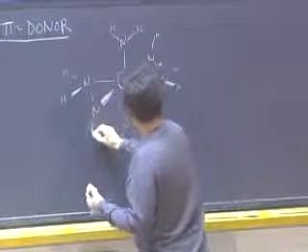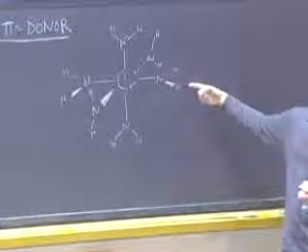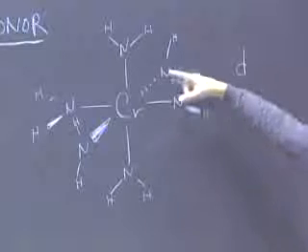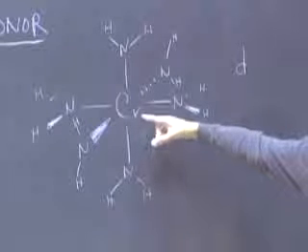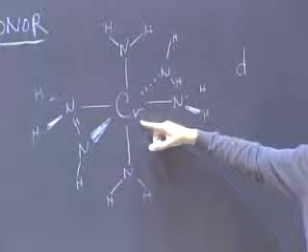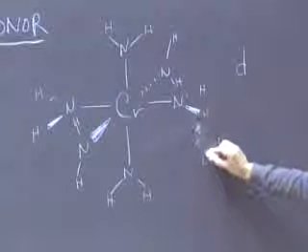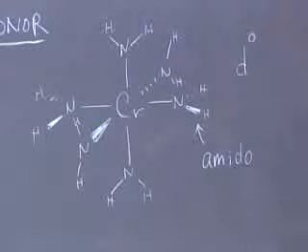And what you see is that the planes of these NH2 units are aligning up with the coordinate xz, yz, and xy planes, Cartesian planes in the molecule. This one, since each of these ligands is negatively charged, and the molecule is neutral, the chromium is therefore in the +6 oxidation state to balance the 6 negative charges on the amido ligands we call them. This is amido. And so this one, in fact, is a D0 case.